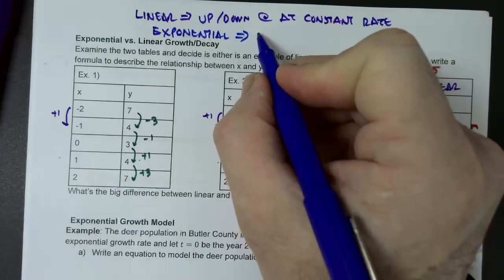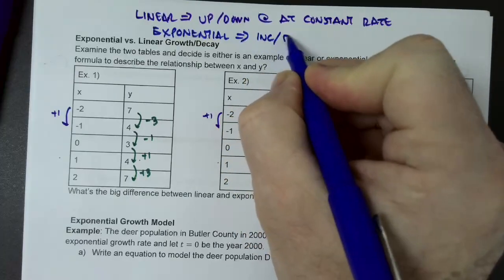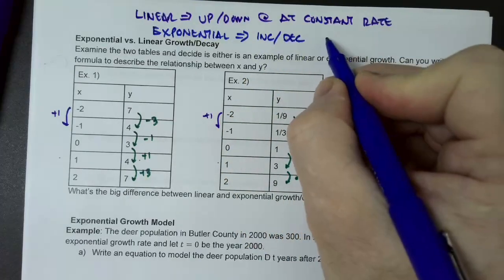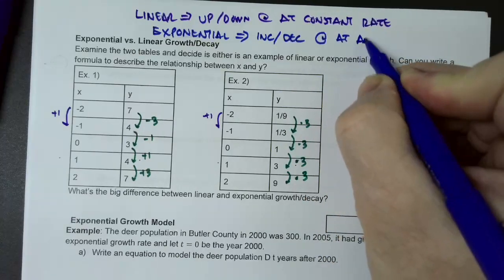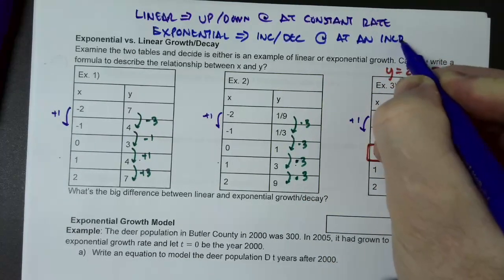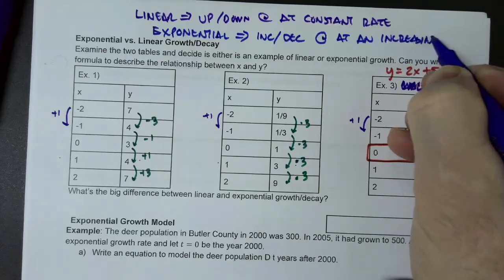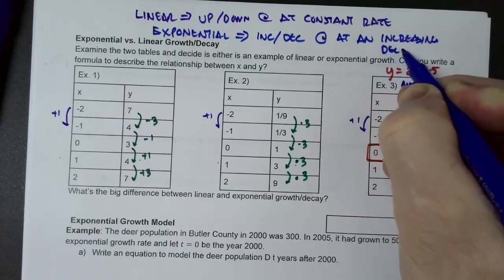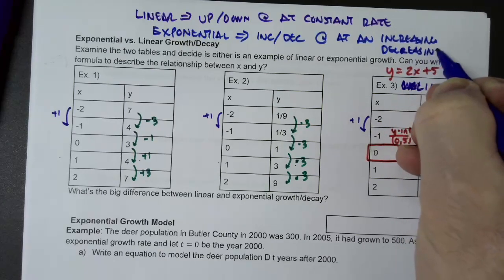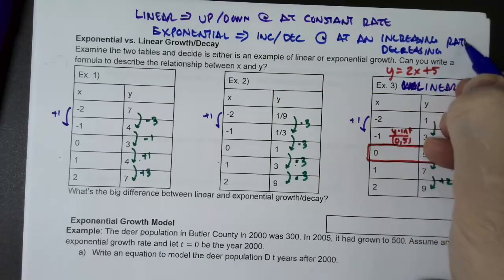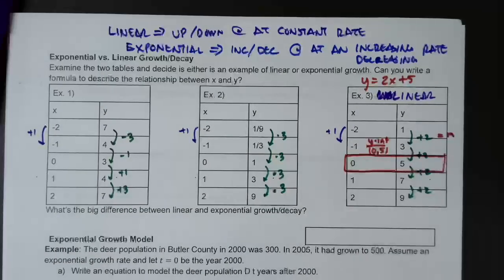It's going to go up or down at an increasing or a decreasing rate. The slope is either going to get steeper or the slope is going to get less steep.